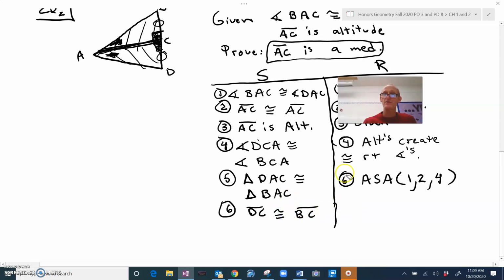It's a 4, 5. This is 5, 6. This is CPCTC. Now, DC is congruent to BC, and medians create two congruent segments. So this is how you should word this last statement. The last statement is AC is a median.